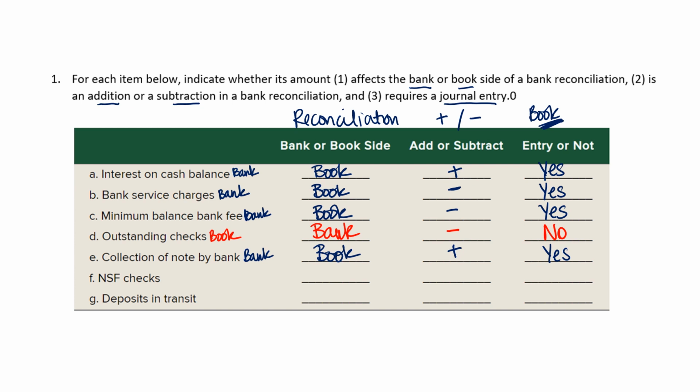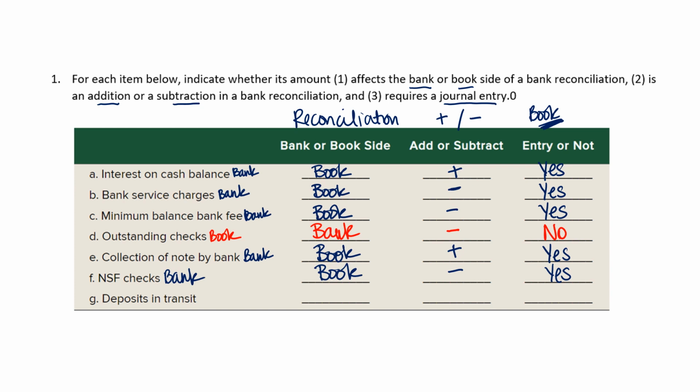So that means the company really does not have that money. So the bank deducts that amount back out of the bank balance. The bank finds out about this first. So the bank already knows, and then the company finds out and has to adjust their books. Non-sufficient funds checks decrease the cash balance because they're bad checks. And yes, there will be a journal entry because this is a book adjustment.